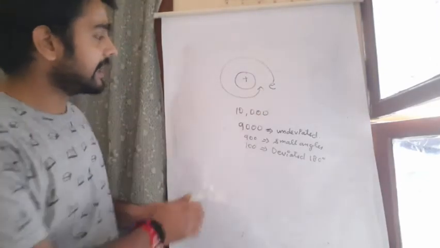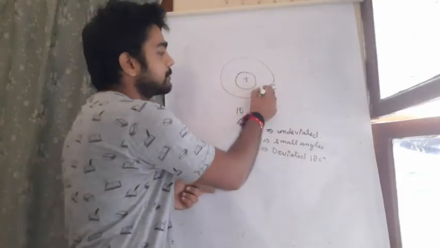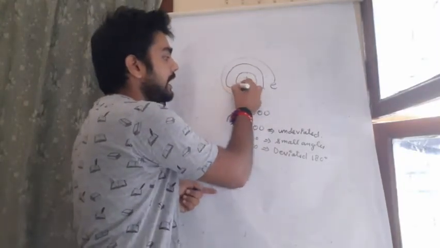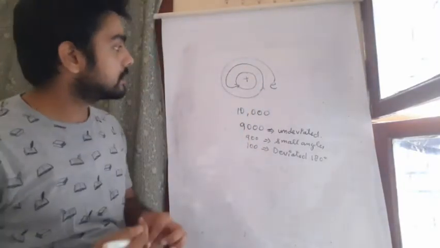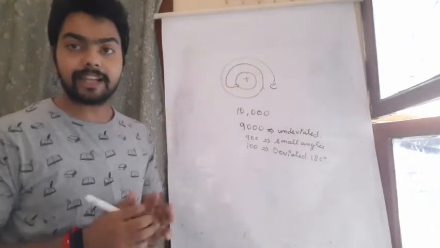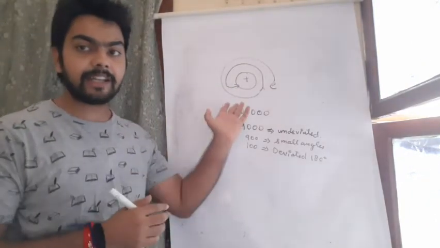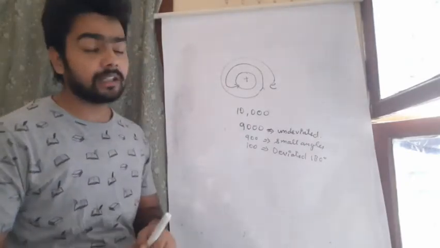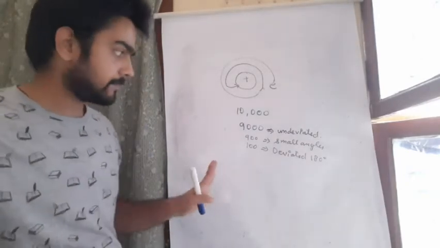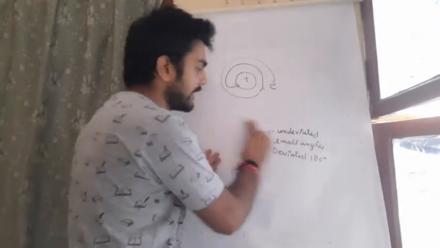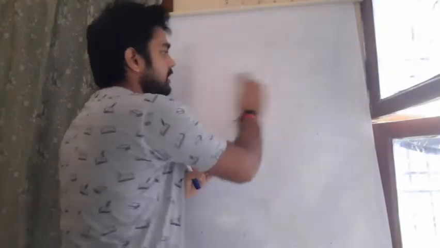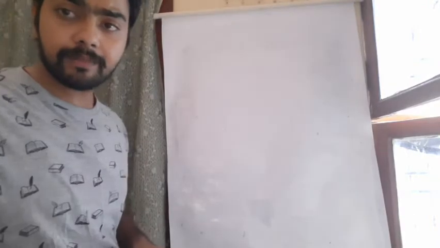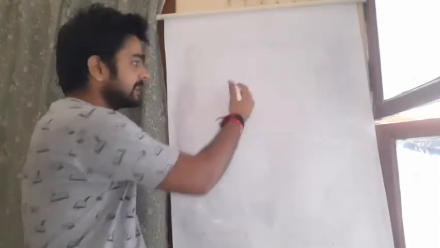And if it emits energy, it should go into a spiral and should get into the nucleus, that is the positive charge, and it cannot be stable because, as we know, an atom is always stable. So there is no possibility of stability. So after this, to explain this stability, a new scientist, you may have heard of him, that is Bohr.